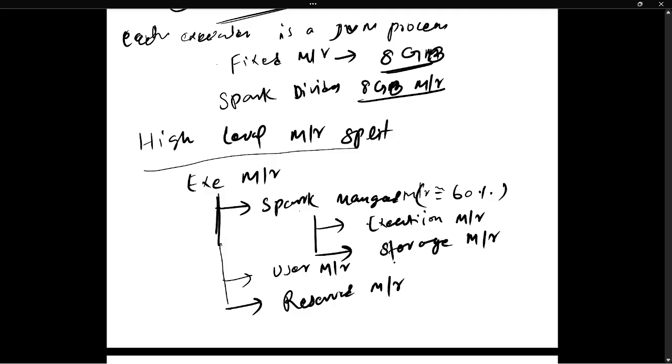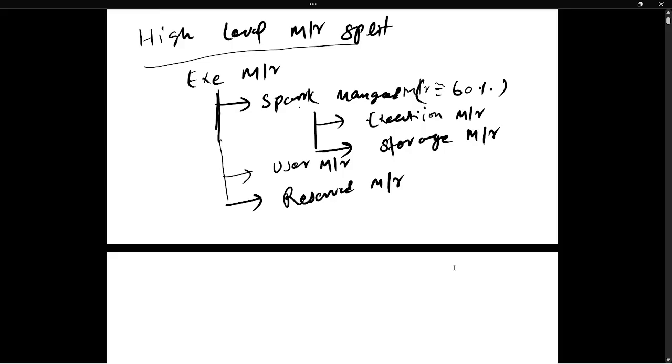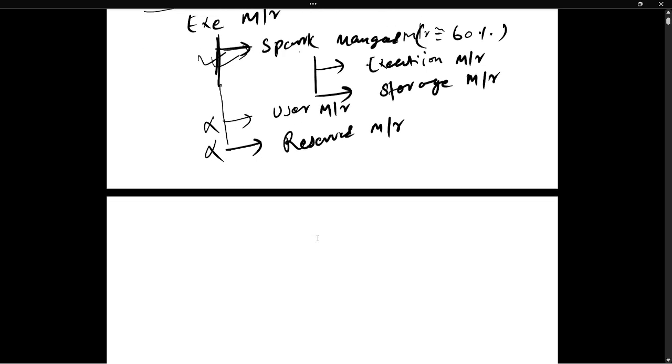In this topic, we are only concerned about the Spark managed memory, because out of memory mostly happens here only. We are not interested in the user memory or the reserved memory. We are only interested in the Spark managed memory, because in the case of Spark managed memory, the out of memory issue happens, and that is what we need to understand.